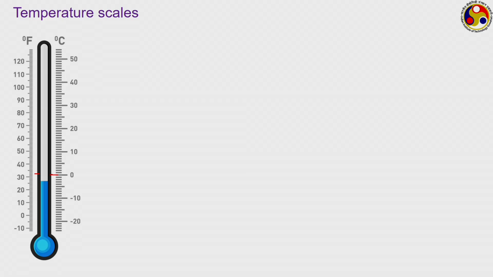Accordingly, any unknown temperature in Celsius scale can be given, as we have a uniform scale formed by this. If the unknown temperature is C in Celsius scale, C minus the ice point which is 0, divided by steam point minus ice point, the two extreme points of the scale, will be equal to F, that same unknown temperature in Fahrenheit scale, minus the ice point which is 32, divided by steam point in Fahrenheit scale 212 minus 32.